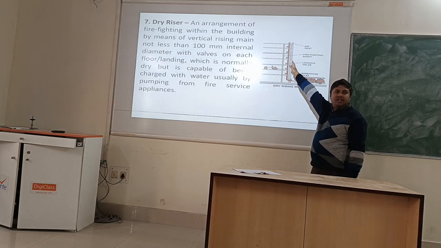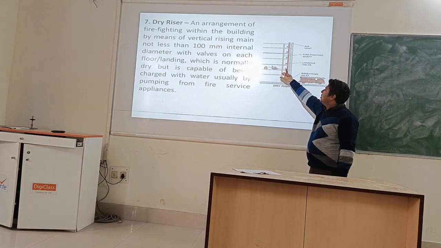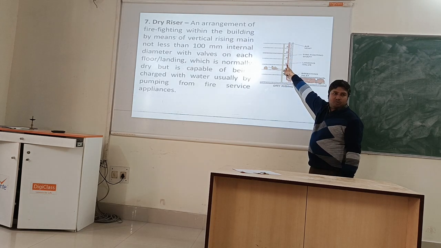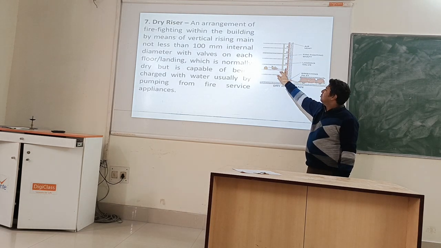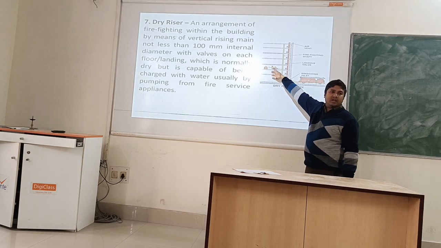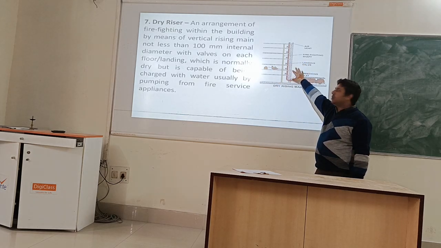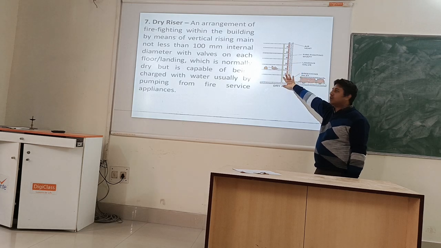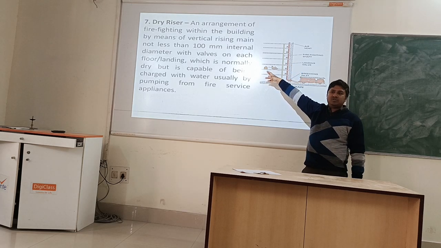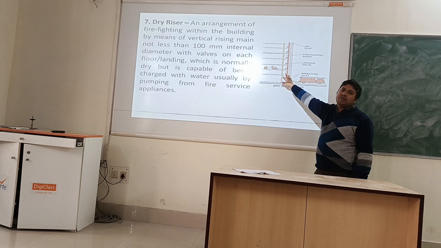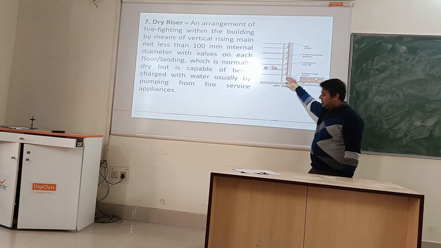If by mistake a valve is open, suppose on the third floor, then when water is needed elsewhere, some water will be wasted from that valve. So it has to be secured that all valves are closed and only the required valve is open, so that the water can be utilized properly.